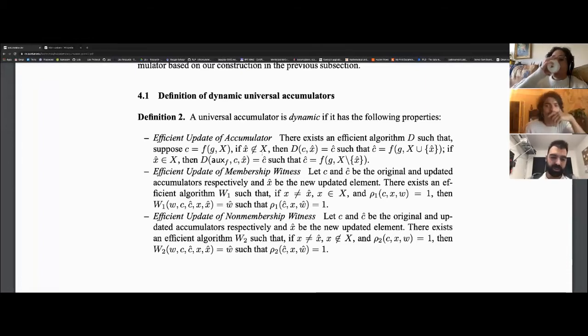I guess the point is someone knows the whole set, right? The person updating this knows the whole set already. In order to do what? In order to update the accumulator. No, I don't think they need to know the whole set. Otherwise, which one do they do? Do they do D of C, X hat, or do they do D of the auxiliary information, C, X hat?